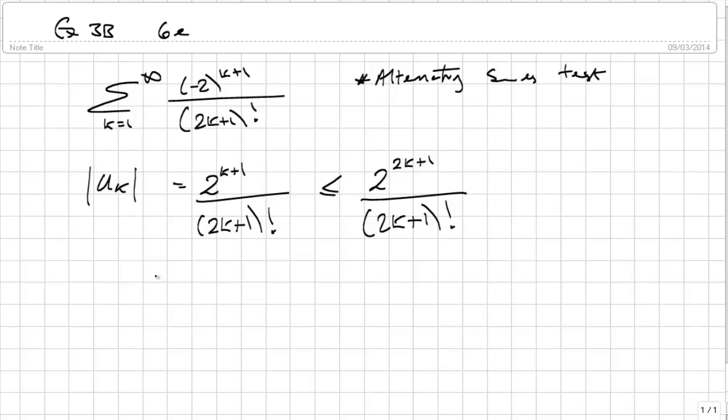The next thing to do is to list out what this actually looks like. I'm going to write the factorial in reverse order, actually. So 2 over 1, 2 over 2, and that will go on all the way up to 2 over 2k plus 1.